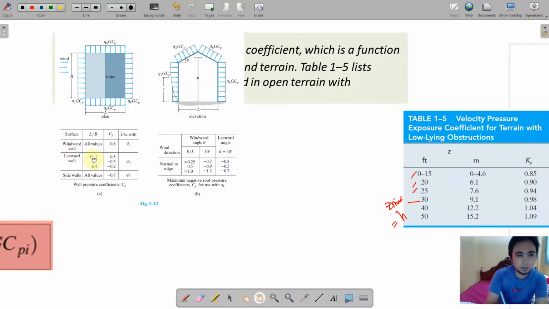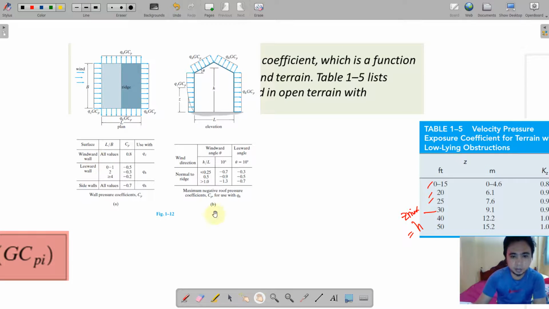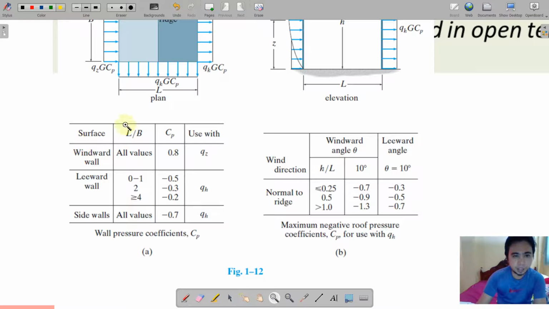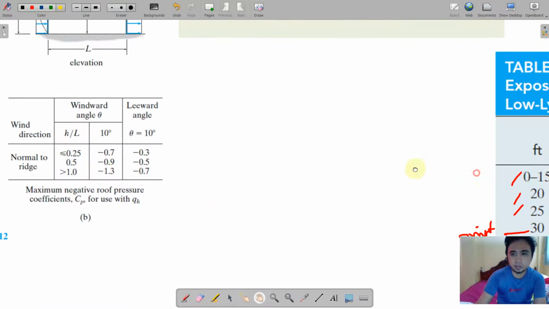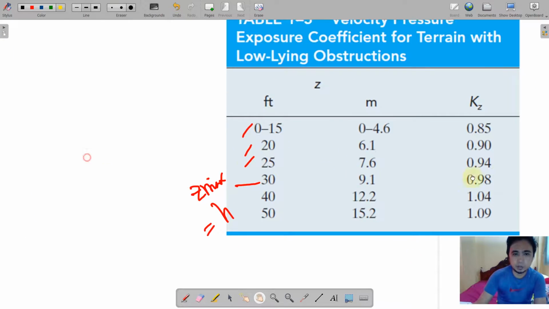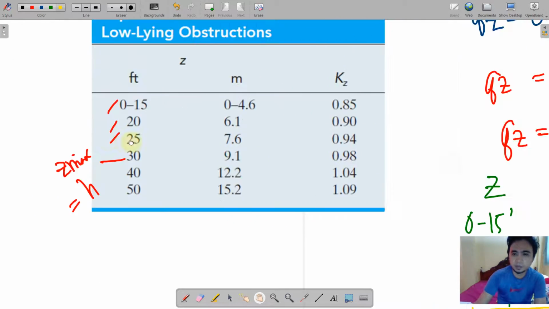If we are concerned with the windward wall, titignan natin dito, lahat po ng values ng L over B is equal to 0.8. We're gonna use that with QZ. So, lahat ng values ng L over B will be equal to 0.8 for the windward wall. So, no need to calculate for our L over B. So that is the value for CP, 0.8.